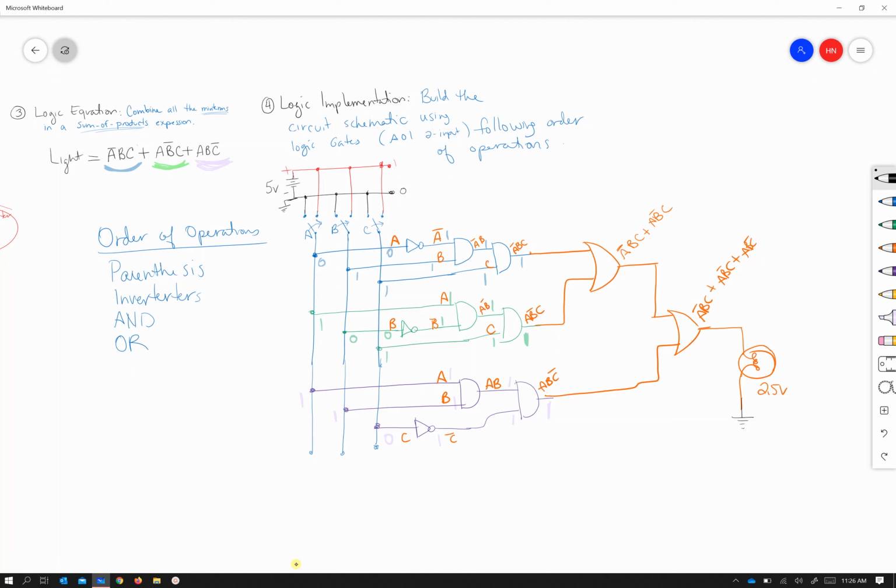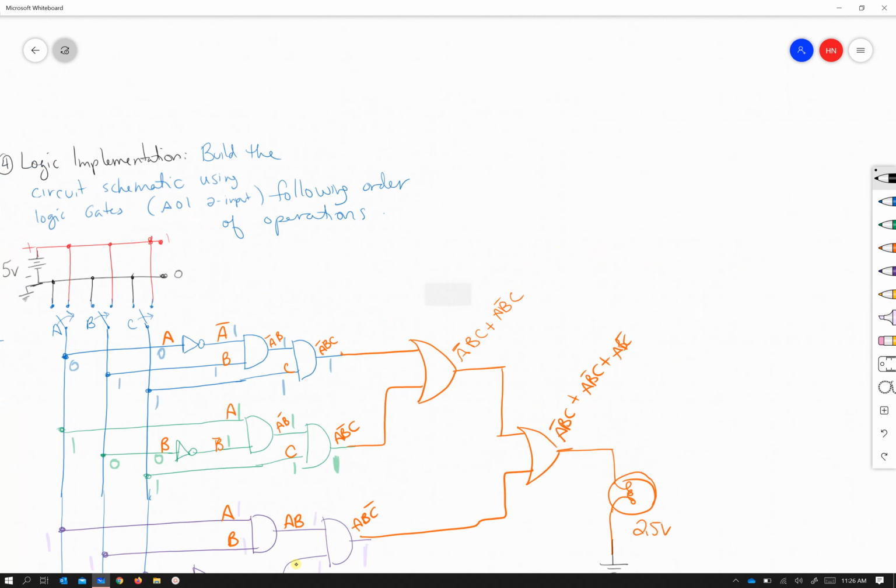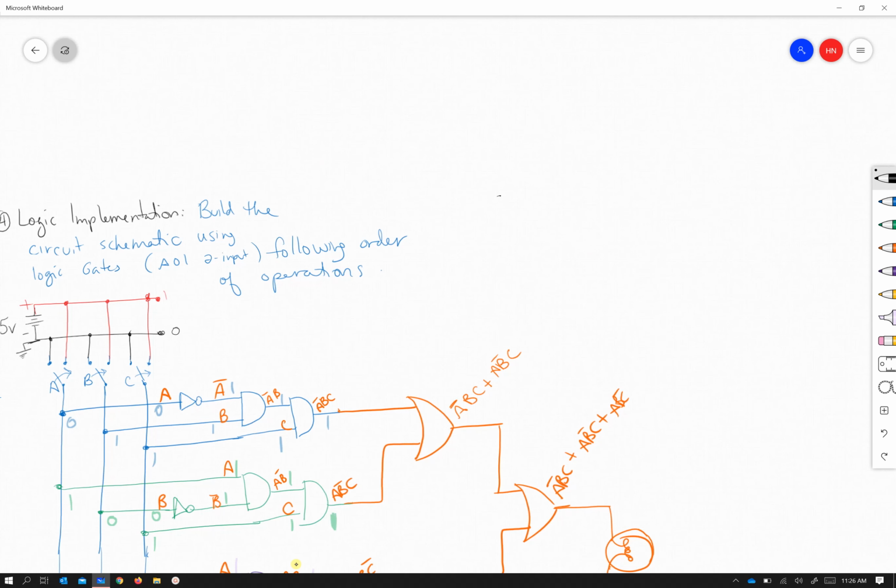Okay. The last step, and we are done, is step number 5, which is test the circuit. So I think that one is self-explanatory, but I want to highlight one thing that some kids forget.